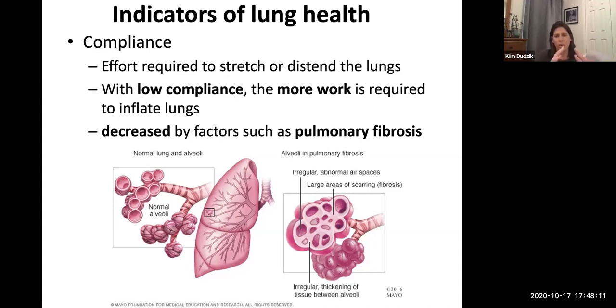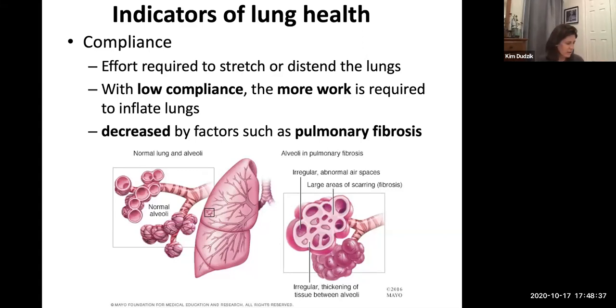Remember, we said we had to open the lung volume up in order to get air in. When you have high compliance, there's no problem with your lungs expanding and contracting. But with low lung compliance, you have to do a lot more work to inflate your lungs. You're going to have to put a lot more energy into that muscle to pull down even harder to really pull those lungs open.